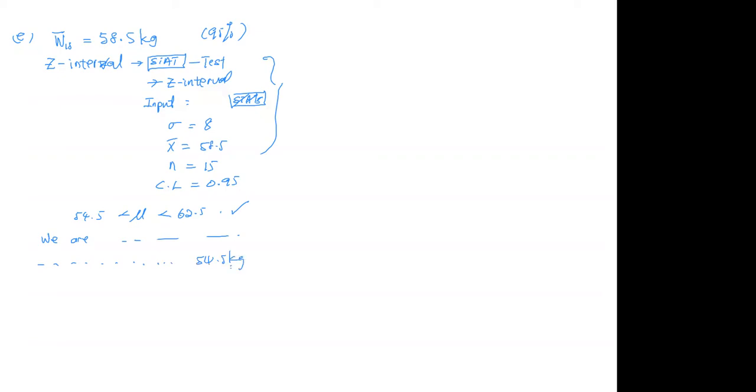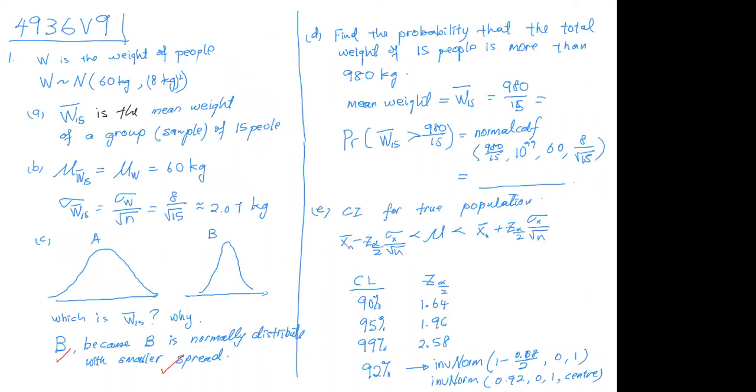Please, the unit must be written down. And as high as 62.5. If you want to say in between, I also would not deduct your mark. So if you know how to do all this, you can minimum get 8 marks already.